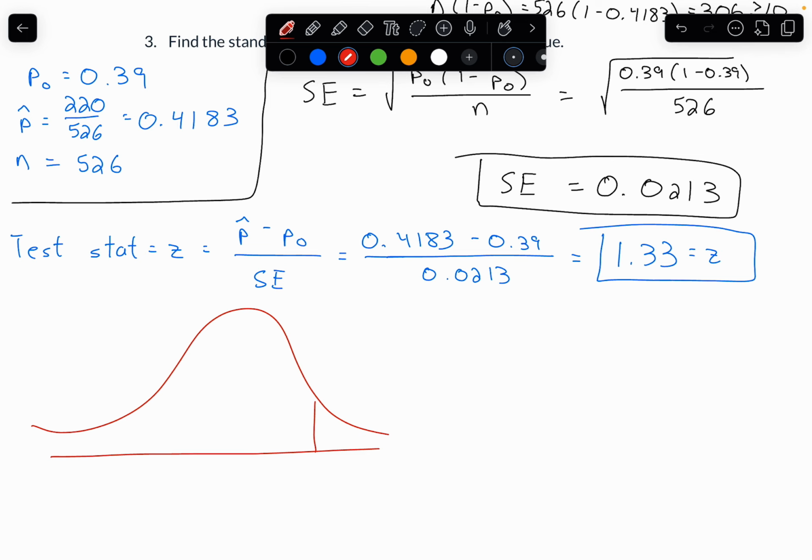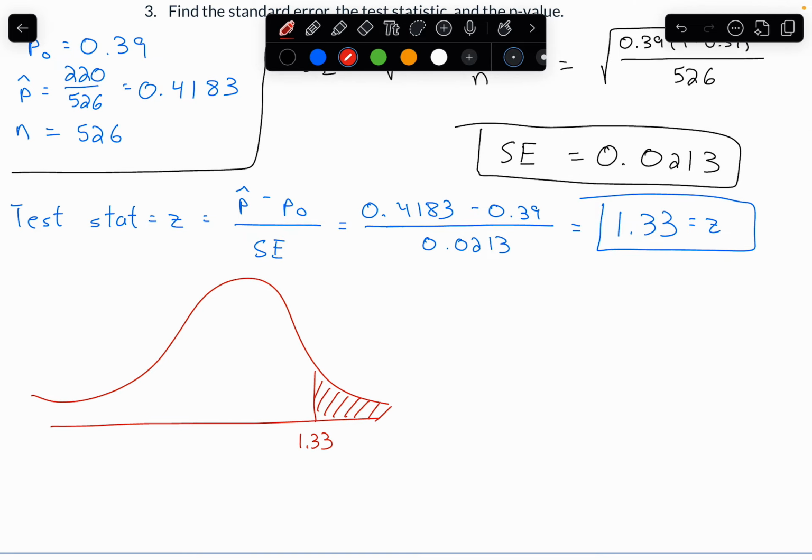It's positive, so it's on the right, 1.33. And because it's a right-tailed test, we're looking at this area right here. So this is going to be area to the right because it's a right-tailed test, because our alternative hypothesis said greater than some number. So I'm basically looking for, hey, what is this area right here?